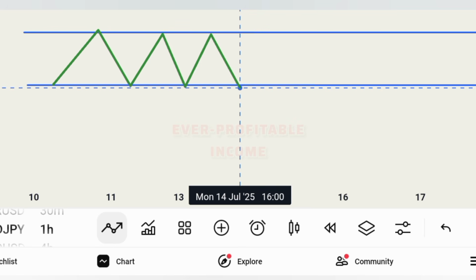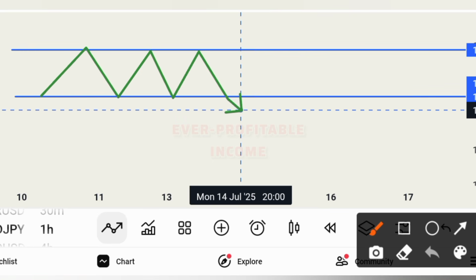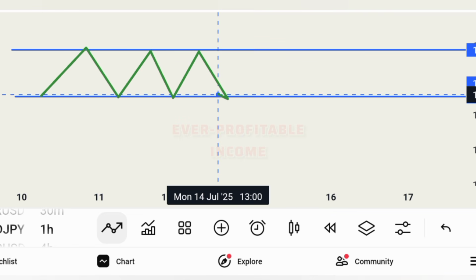Now, take note that on your chart, you are not going to see it so smoothly formed like this, with every resistance point at the same level and every support point at the same level. No, some might be a little bit higher while some might be a little bit lower. But when you look at it, you will know that the formation is in a box-like structure.